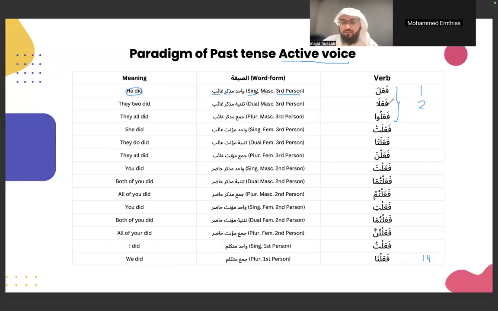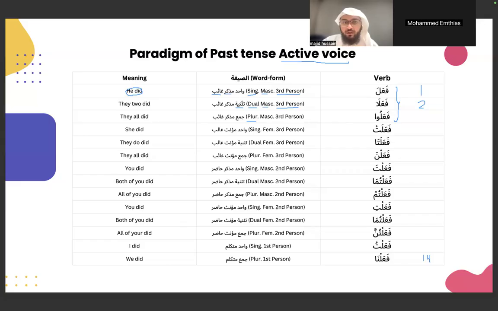Then we have the second verb, فعلا. This is dual, which we call a tathniya, for masculine and also third person. The first three conjugations of the verb are for third person masculine. It will start with singular, then dual, and then plural.